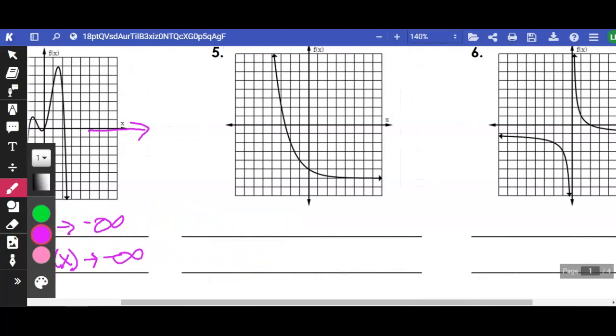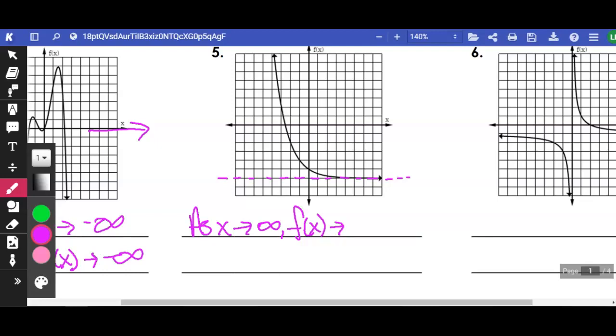Number 5, you should be able to recognize this as an exponential graph. So there is no vertical asymptote. There is a horizontal asymptote. Okay, so then as x approaches infinity, f of x approaches. Well, as x approaches infinity, y does not approach negative infinity, even though it is still getting smaller and smaller.